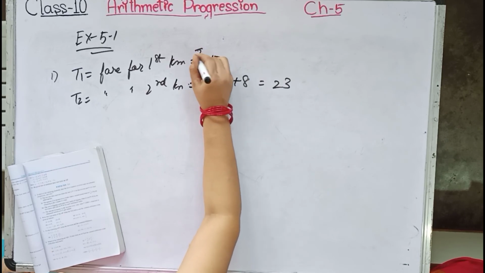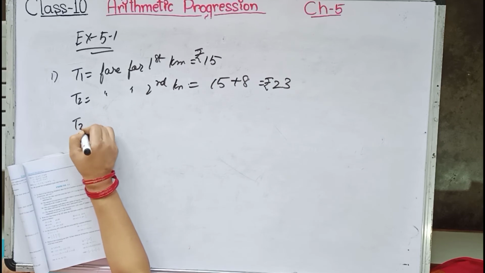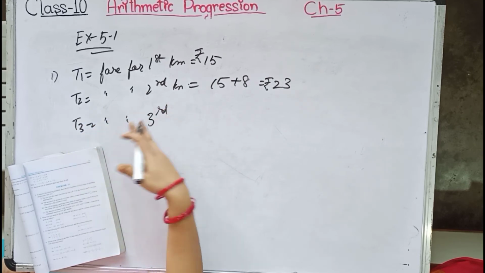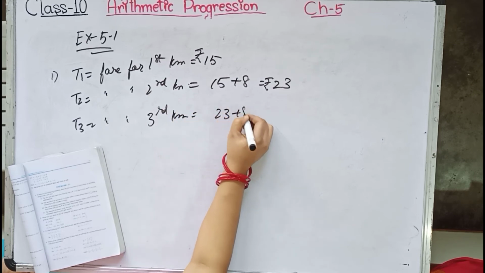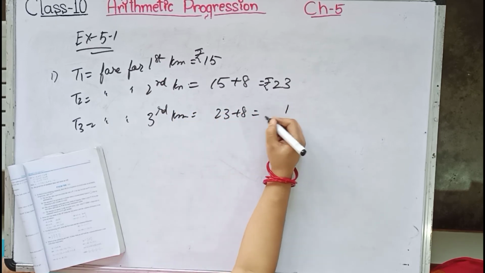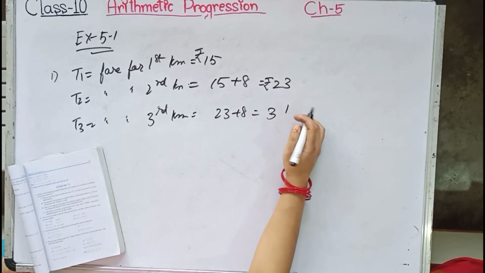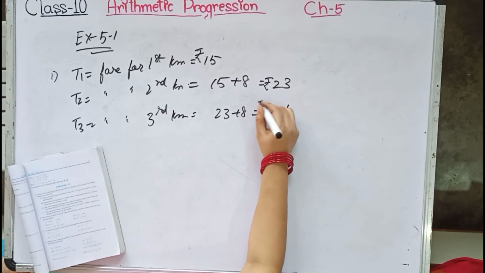Everywhere write rupees. T3 equals fare for third kilometer, it will be equals 23 plus 8 equals, sorry, 31 rupees.